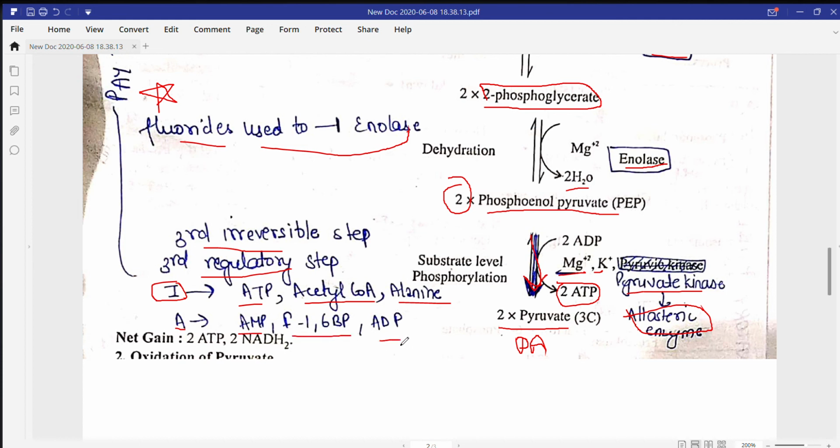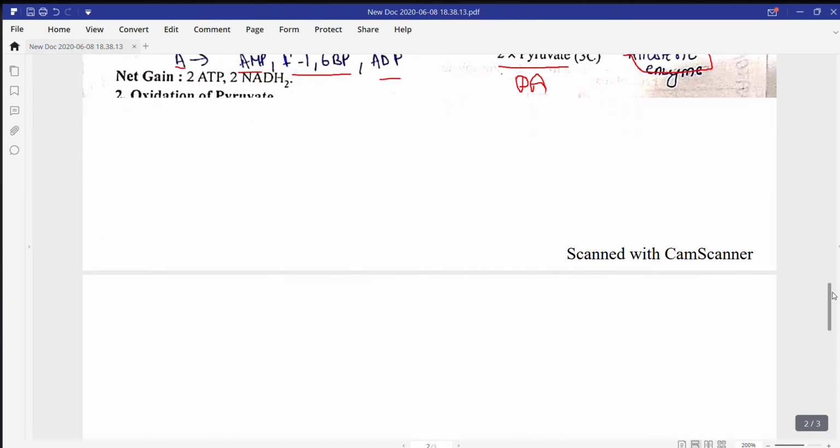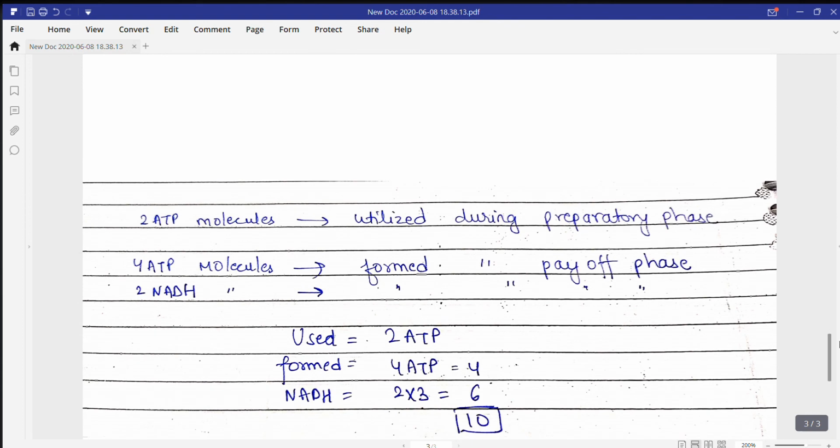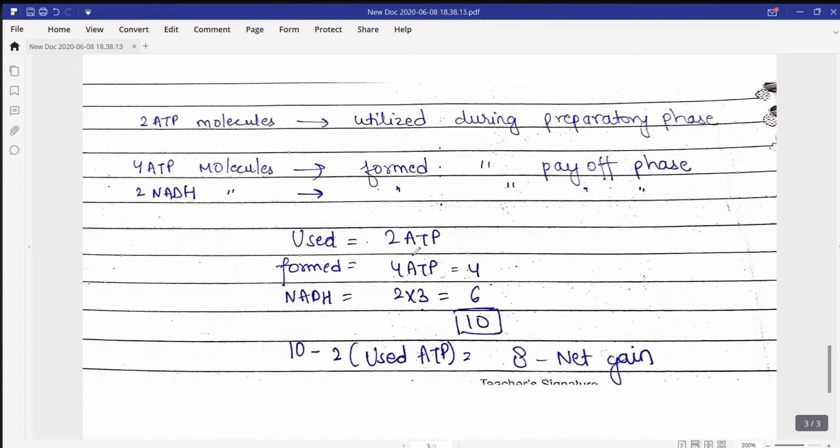So this is basically about glycolysis, and now we're going to study the net gain. We know 2 ATP molecules are utilized during the preparatory phase, and 4 ATP molecules are formed during the payoff phase.